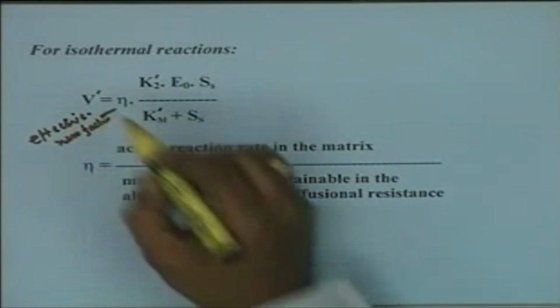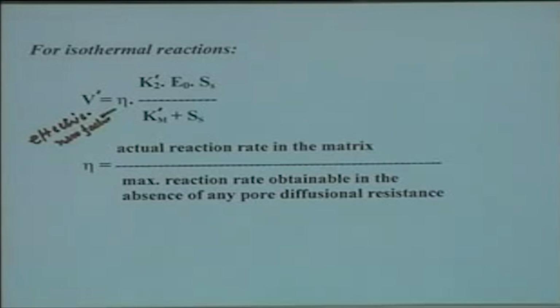Now, eta essentially here is the ratio of the actual reaction rate in the matrix in the presence of pore diffusion resistances, that means, as a result of the substrate concentration gradient that develops in the matrix phase, to that of the maximum reaction rate obtainable in the absence of any pore diffusional resistance.